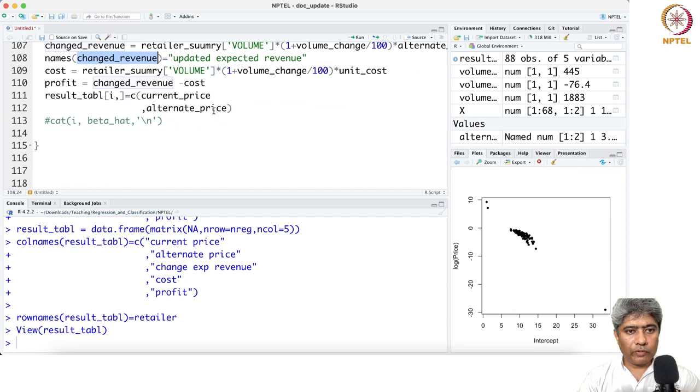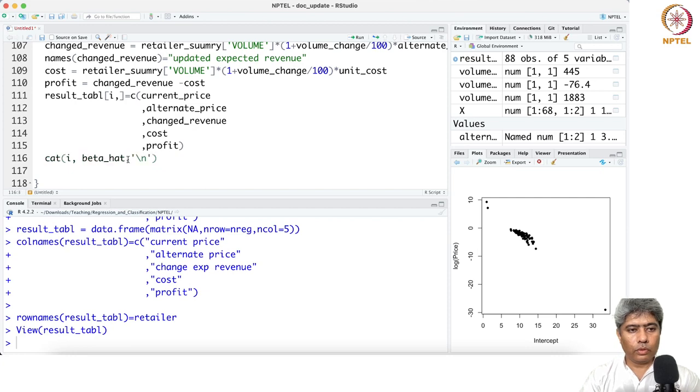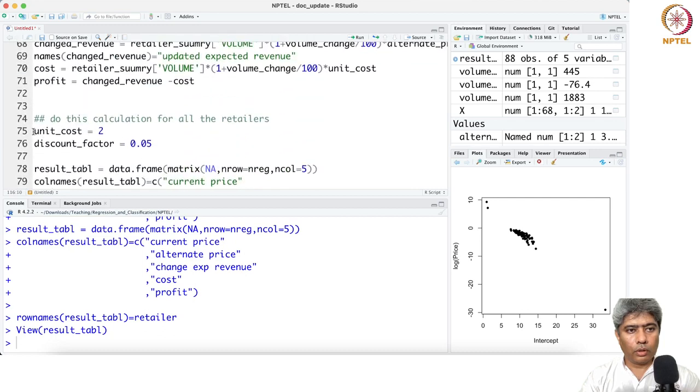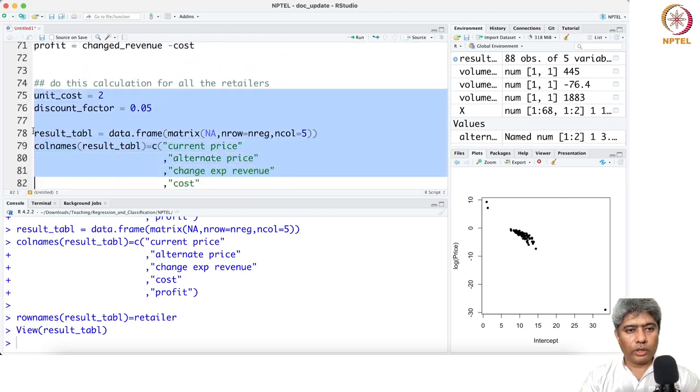So changed revenue. Then cost because of the change offer, and what is the final profit. Okay, so let me see. All right, let me just run it.